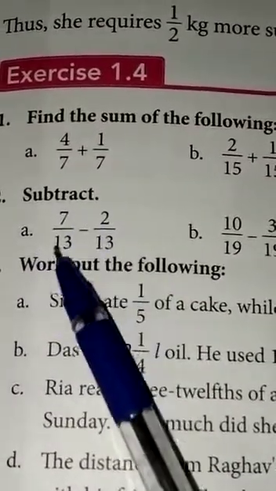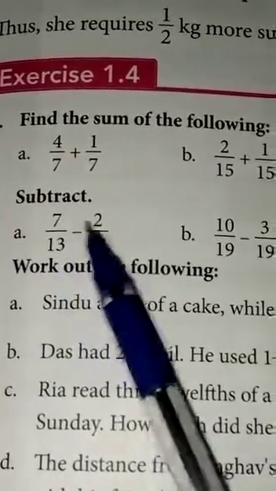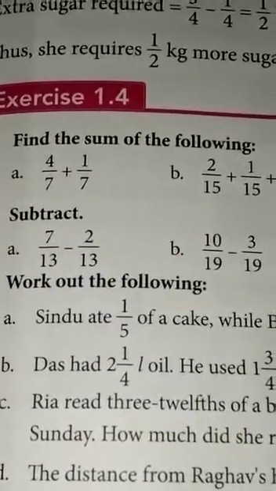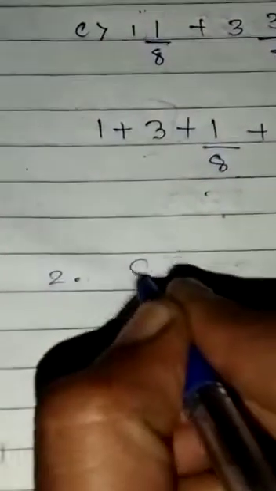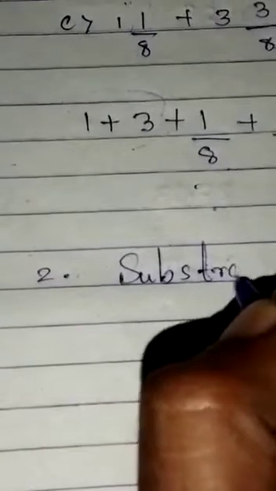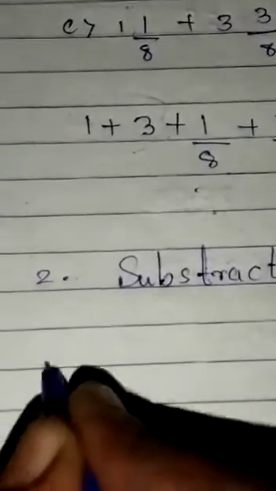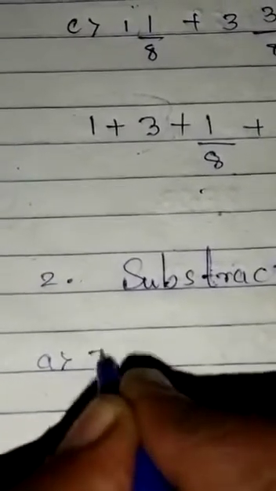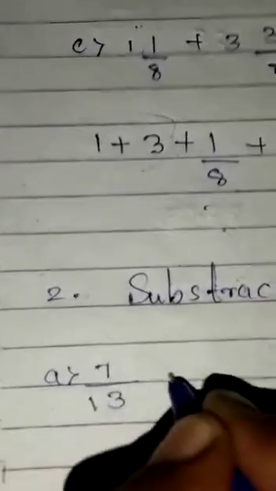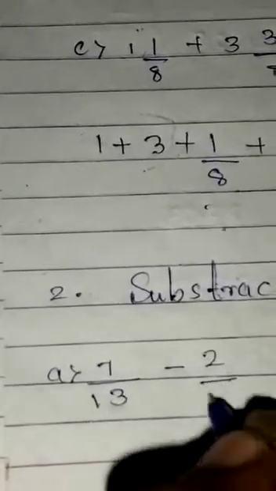First one is 7 divided by 13 minus 2 divided by 13.